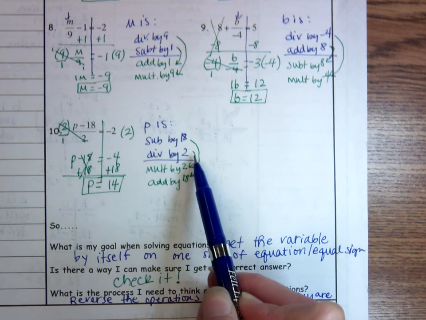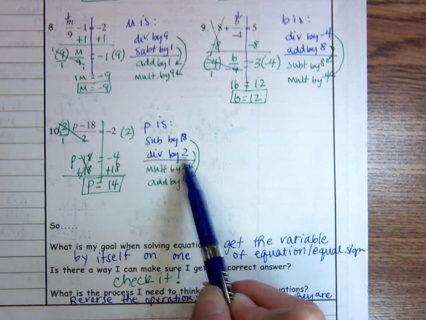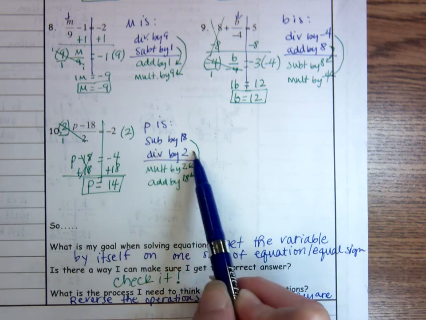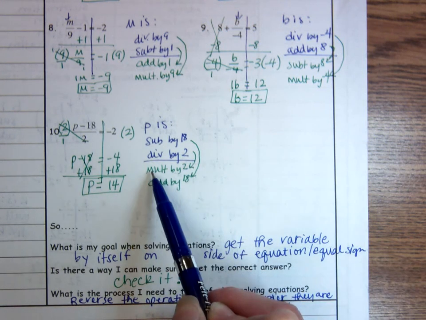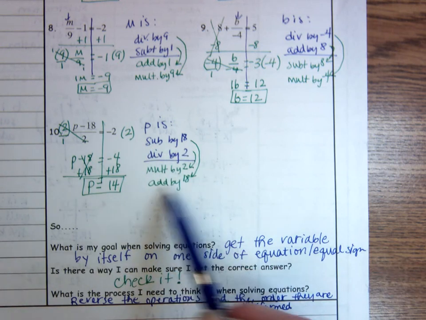So we're reversing it. And where the division came last, it's actually going to come first in order to reverse it. So we're reversing from the bottom to the top. The divide gets done first, so that's instead of dividing, we're multiplying, and instead of subtracting, we're adding.